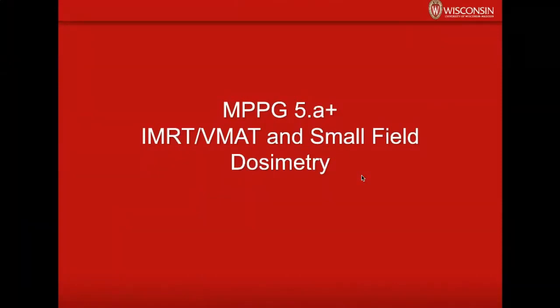I feel like in the years since MPPG 5A has been published, the use of SBRT and small field treatments has gone up a lot. And so I'd like to give a little bit of extra guidance in addition to what MPPG 5A has to offer in these areas, because I think these are areas where the practice guideline might leave a little bit left unsaid.